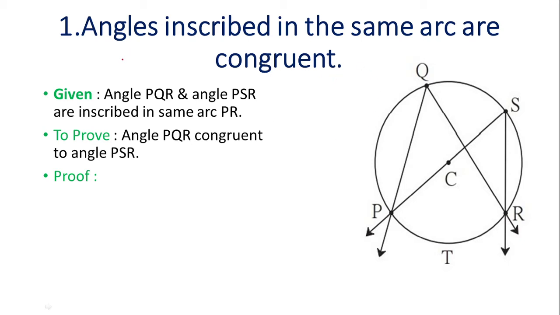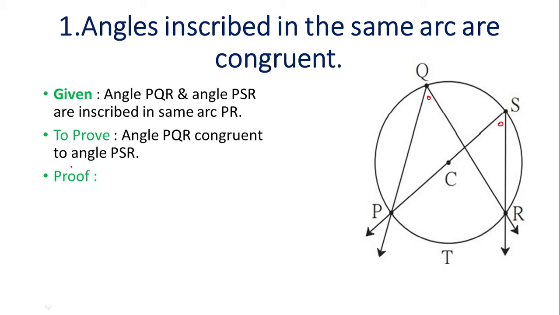Here there are two angles, angle PQR and angle PSR. These two angles are subtended in the same arc, that is arc PTR. Then what do you have to prove? That this angle PQR and this angle PSR are the same. That we are supposed to prove.